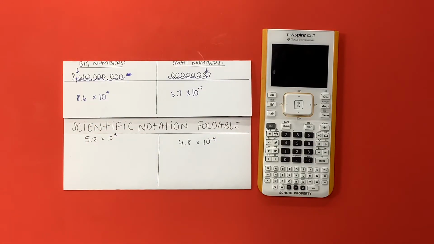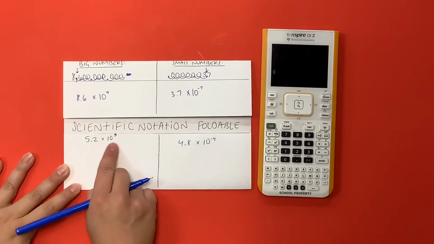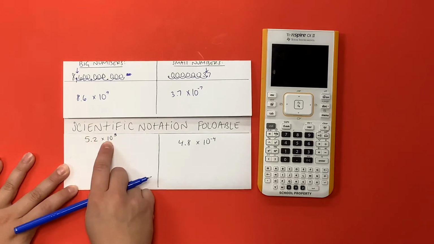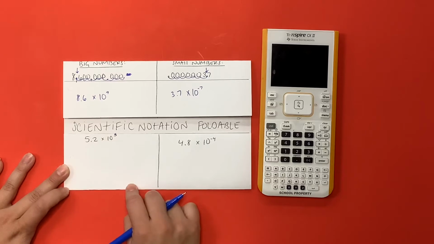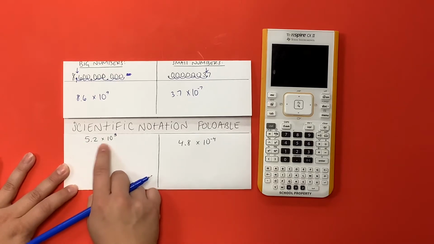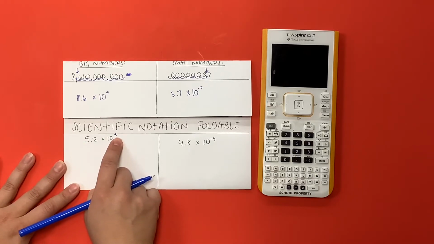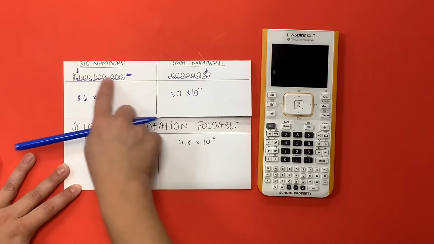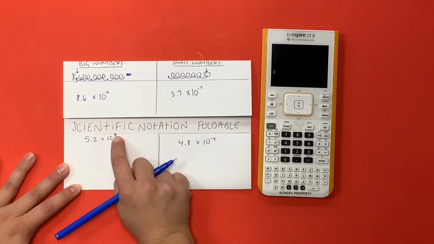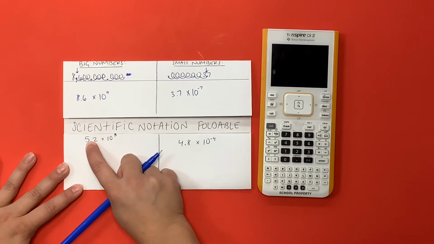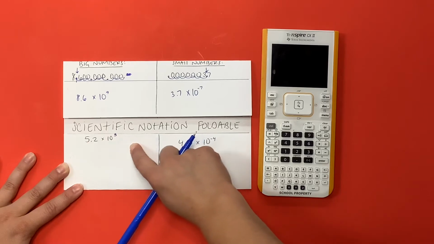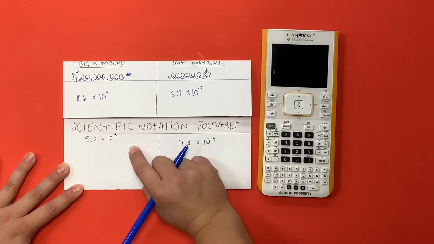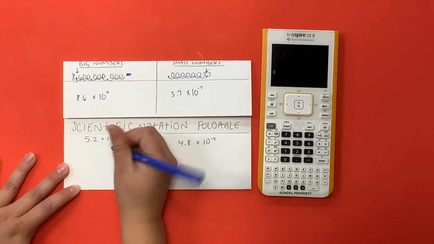All right, let's try to go backwards this time. Let's try to take scientific notation and make it back into a regular number that we can read. So 5.2 times 10 to the third power. I know that this positive exponent is going to make a large number, which means that I need to take this decimal and move it this way so that I can have a lot of zeros behind my number, kind of like I want a lot of zeros in my bank account.